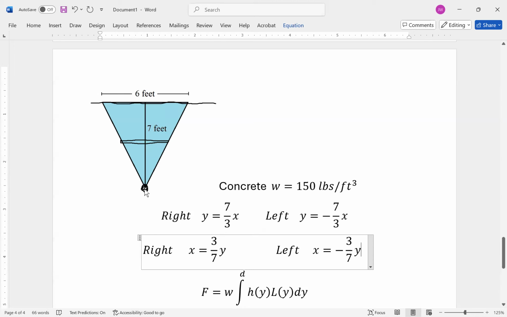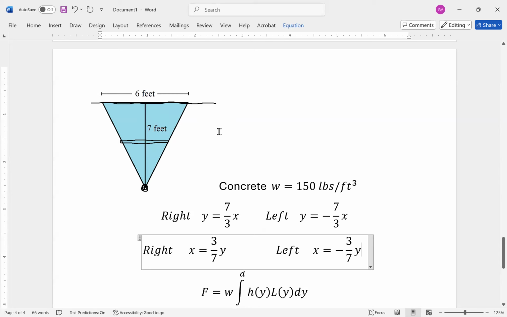My origin starts at 0. So we're going to be integrating from 0 all the way up to 7. That concrete line is obviously 7 units or 7 feet above my origin. And then the depth is going to be from 7 down to an arbitrary y value.